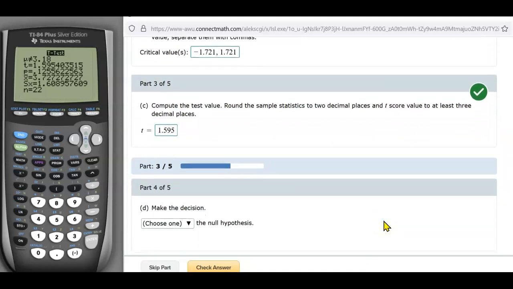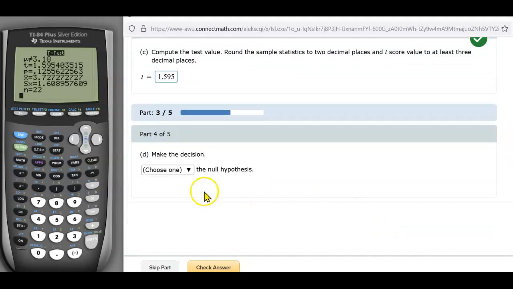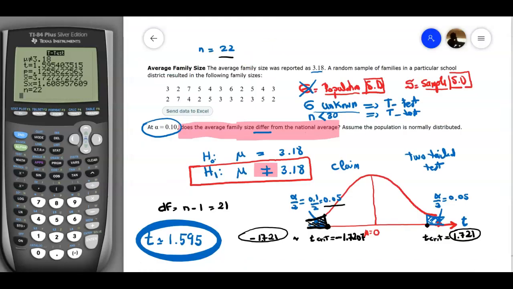Okay, great, it's correct. Now we're going to make a decision and choose. Actually, we have everything in here. So this is what we call the t-test, and we're going to place the t-test on the chart. Before placing the t-test on the chart, let me explain the meaning of the critical values, right? Every time you have critical values, you have a wall here and a wall here. It happened to be 2, so there are 2 walls.